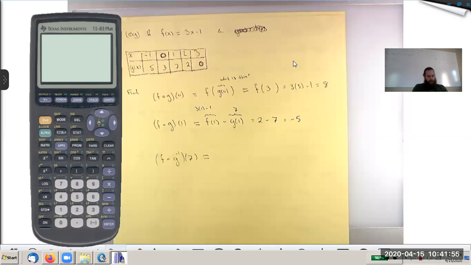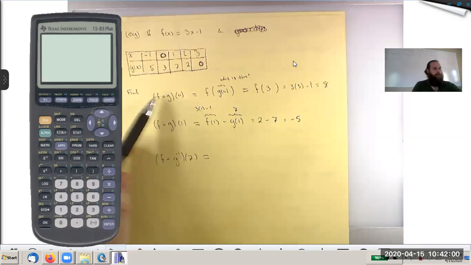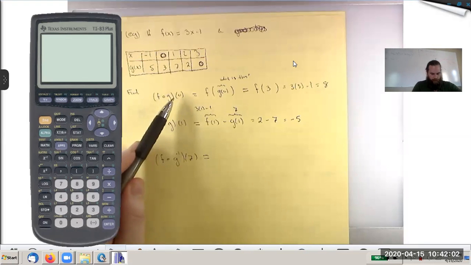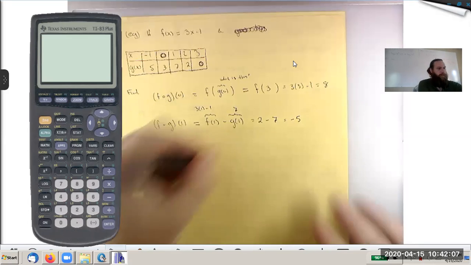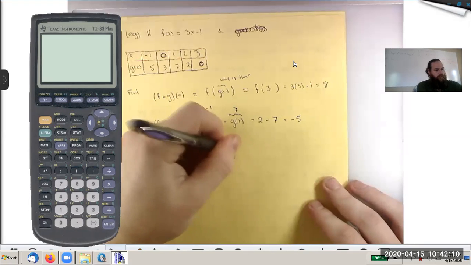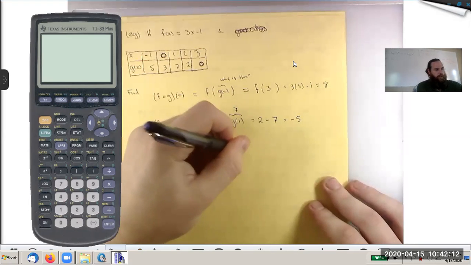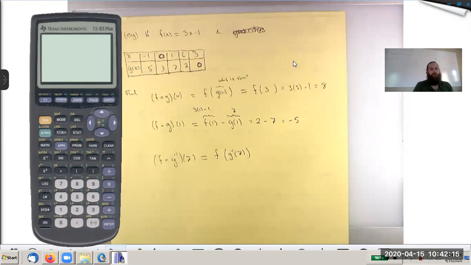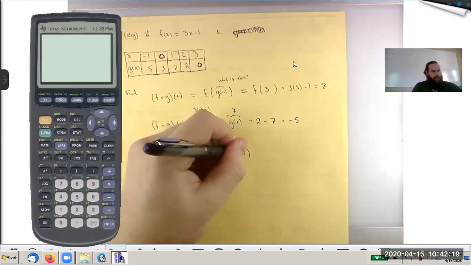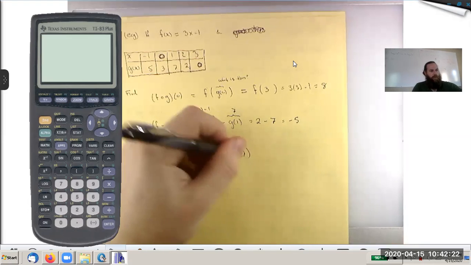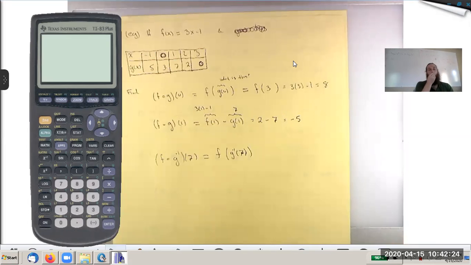Well, just like the first one, f of g of 0, this one is f of g inverse of 7. So does everybody follow that step? It's this first step that makes things go. Once you have this definition step written down, you just have to follow your nose. But we do have to remember these definitions.